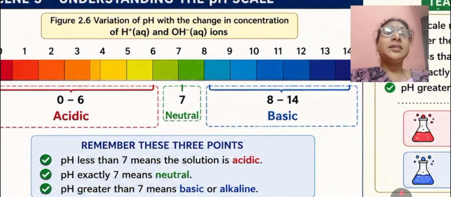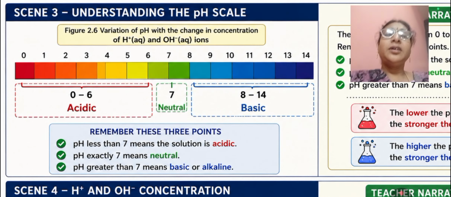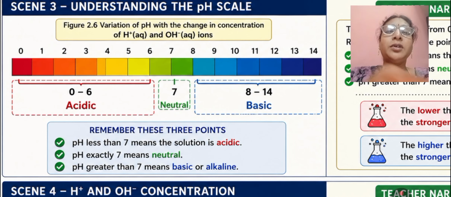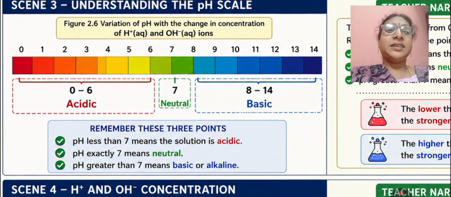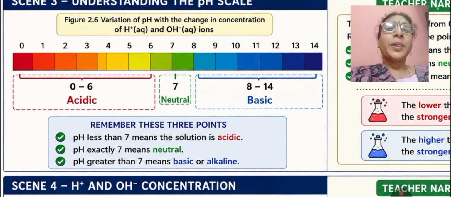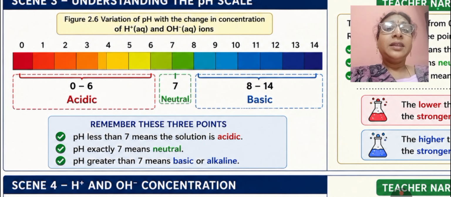It is shown in this figure. The pH values between 0 to 6 are acidic, the pH values between 8 to 14 are basic, and the pH value of 7 is neutral.